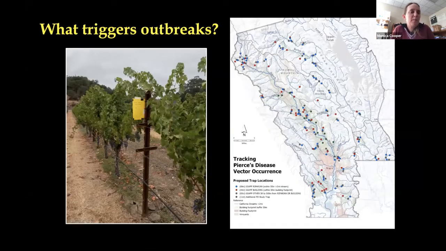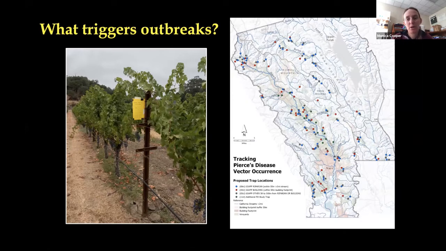I think one of the remaining questions that we need to answer is what triggers an outbreak? So why did it take 20 years, from the late 90s to the mid 2013, to have an outbreak? And we don't really understand that because we don't have a lot of long-term monitoring data, either of the vector blue-green sharpshooter or the disease in the North Coast region to be able to understand that.